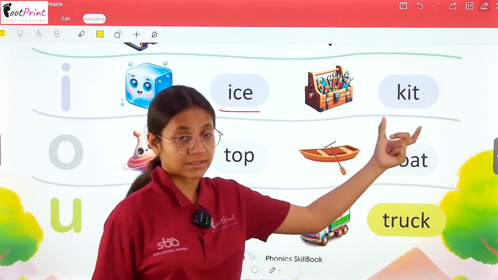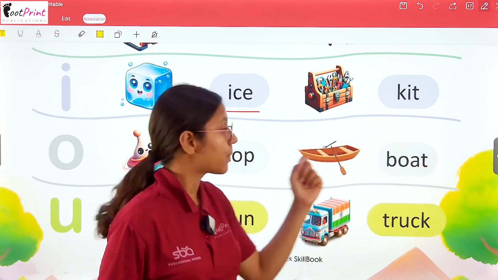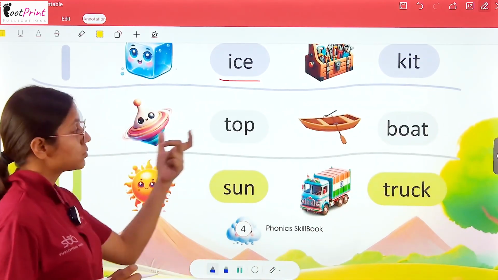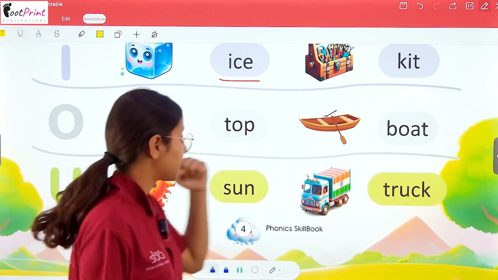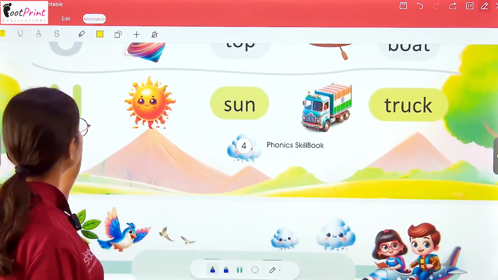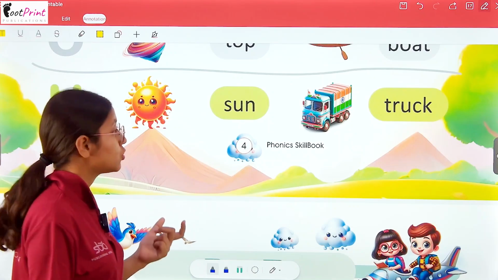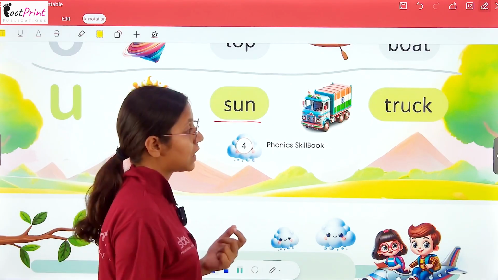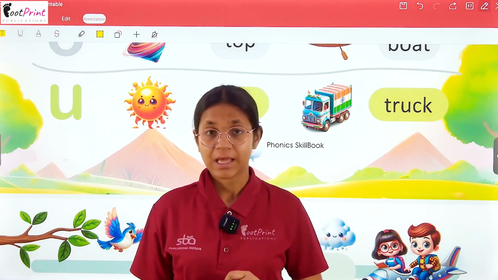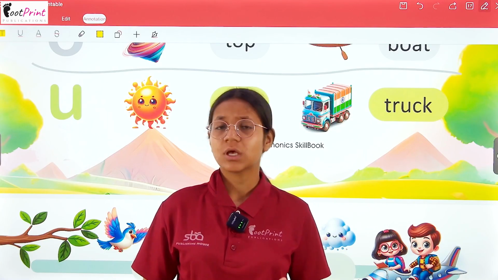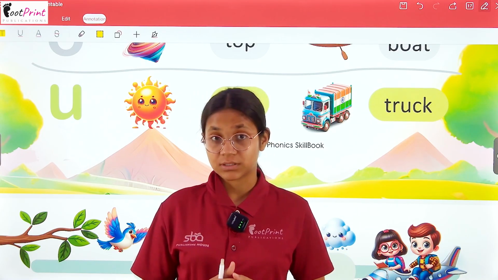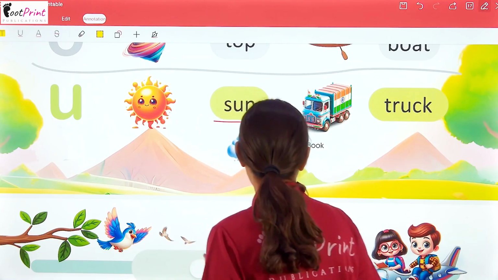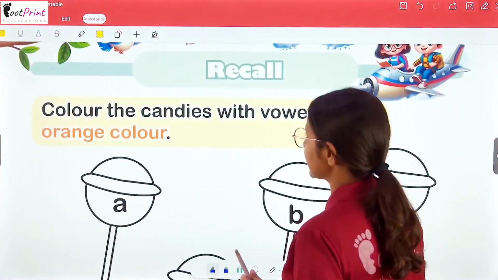And kit, kit. O, top and boat. Now, the vowel U. So, sun and the truck. There are some words which start with the vowel and there are some words which include the vowels. So, after reading this, we have more exercise.